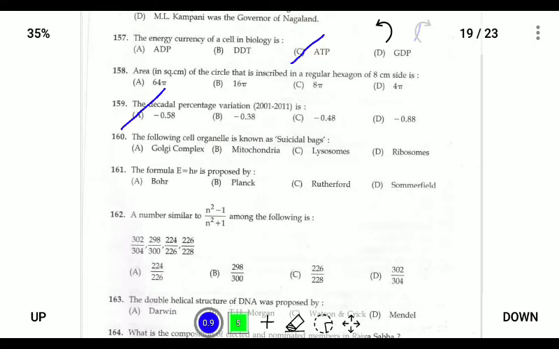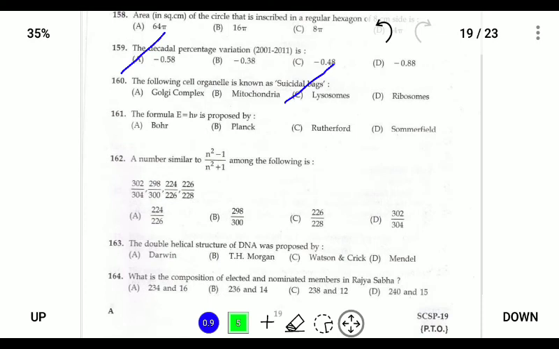Suicide bags are also known as lysosomes. The formula E is equal to hν was proposed by Max Planck to explain the property of light, where h is also known as Planck's constant.